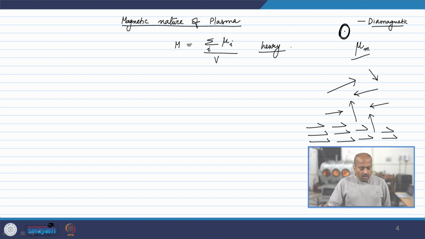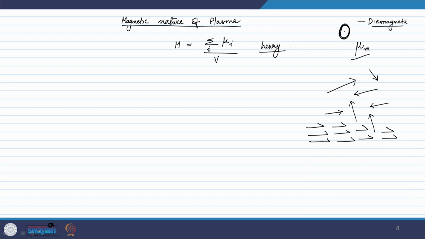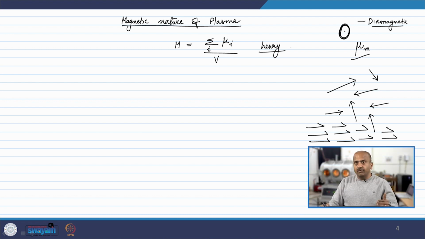Okay. So, magnetic moment per unit volume, total magnetic moment per unit volume is the magnetization, right. Now, when you have a magnetic field, it is obvious that a current density can be attributed to be the cause of this magnetic field, right.